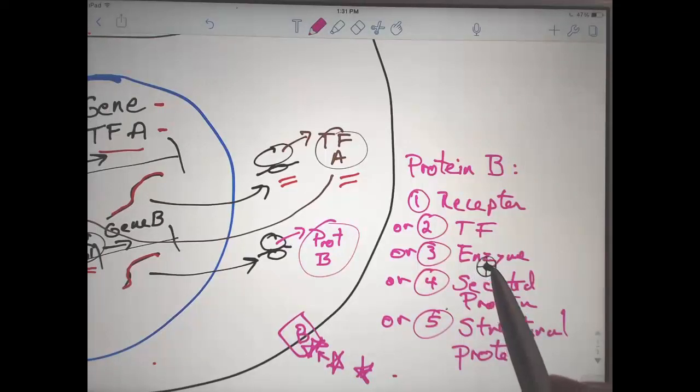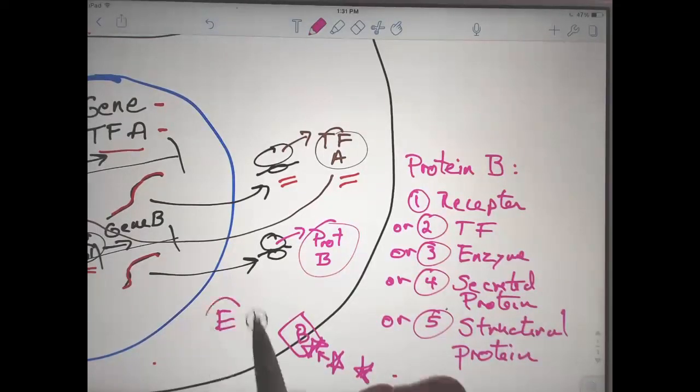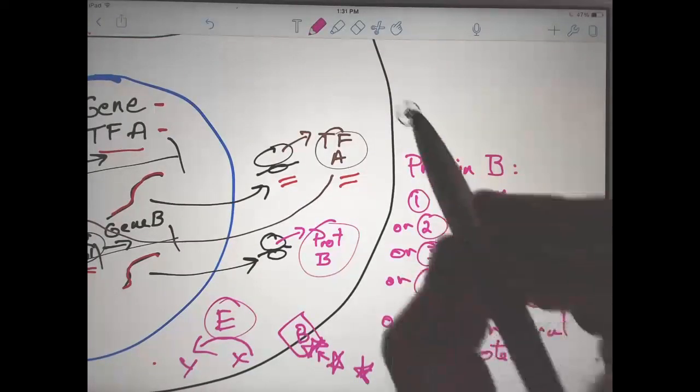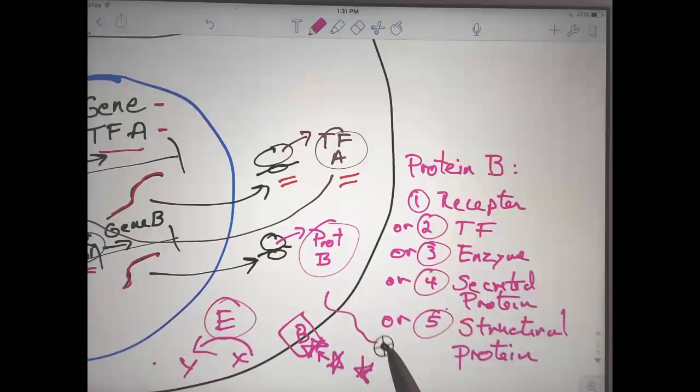It could be an enzyme that would convert some molecule X into a molecule Y. It could be a secreted protein, in which case we'd have B available to leave the cell and be part of the extracellular matrix or bind to receptors on other cells.